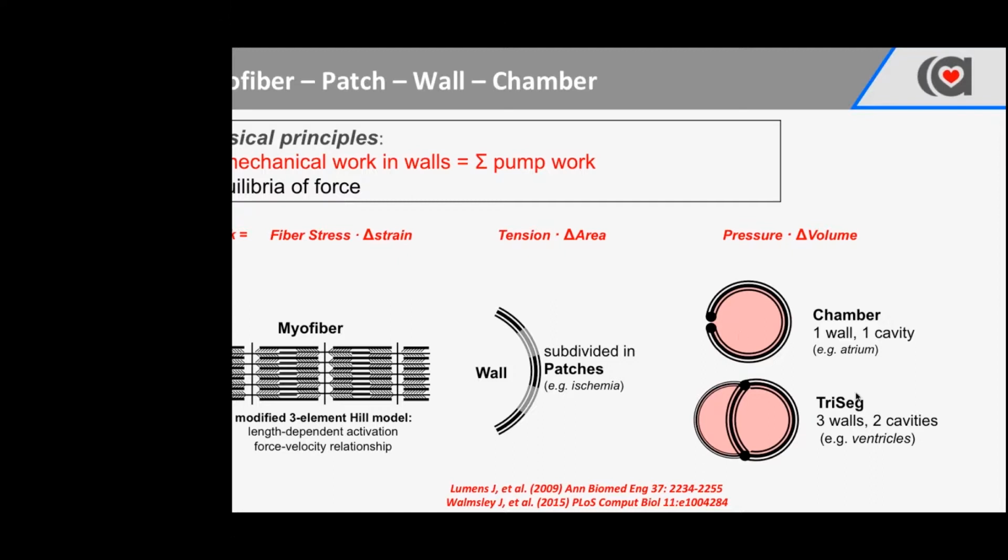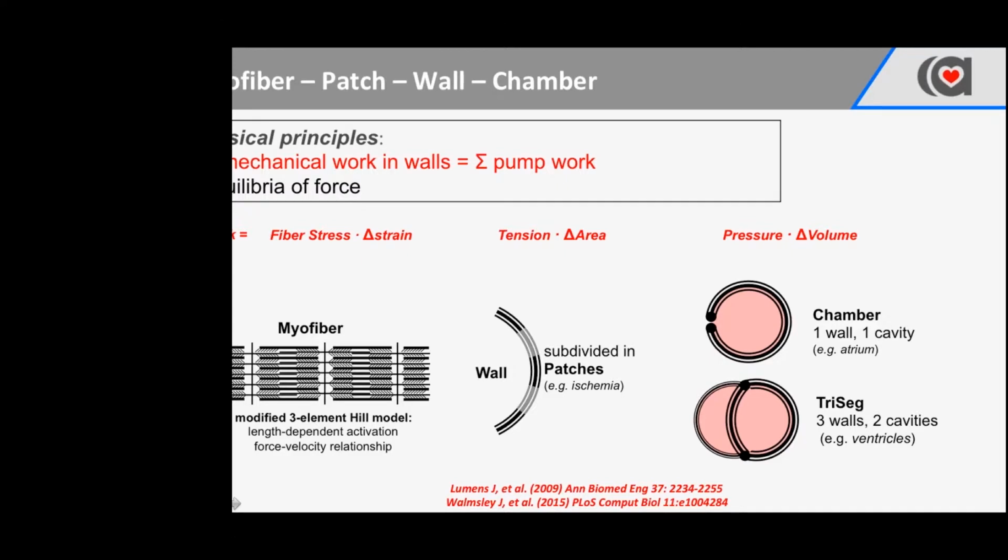Now, you should realize that because this is a trisac model, the work that has been performed by tissue in the right ventricular free wall is not only used for pump work of the right ventricle, but can also be used for the pump work of the left ventricle.